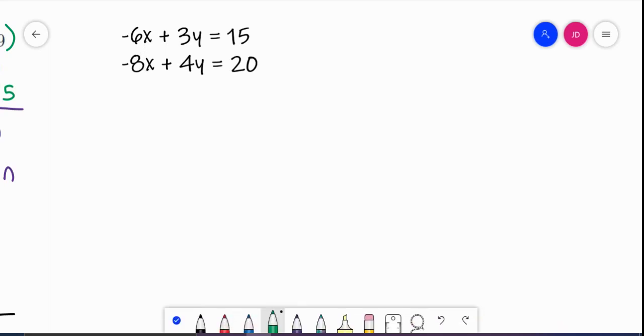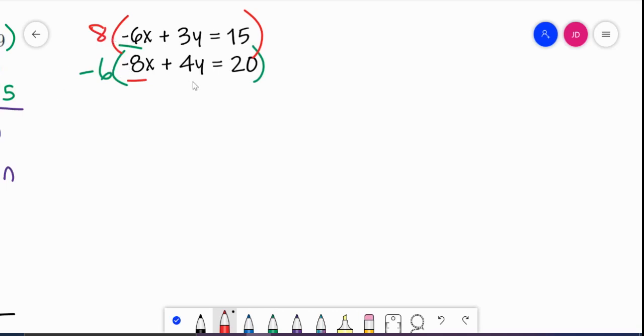I take this number right in here, and I multiply it by the number out in front, -6. Then I take this number right here and multiply it by the top. Now I'm going to multiply it by a positive because we want one negative and one positive.